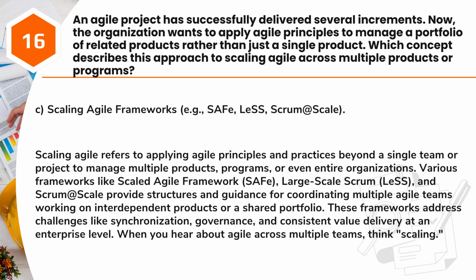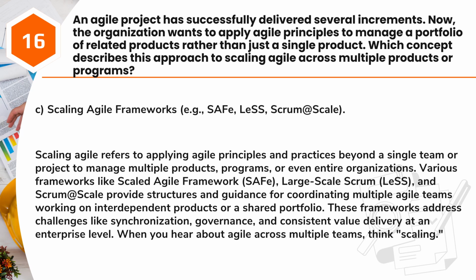Answer C. Scaling Agile Frameworks, example, SAFe, LeSS, Scrum at Scale. Scaling Agile refers to applying Agile principles and practices beyond a single team or project to manage multiple products, programs, or even entire organizations.